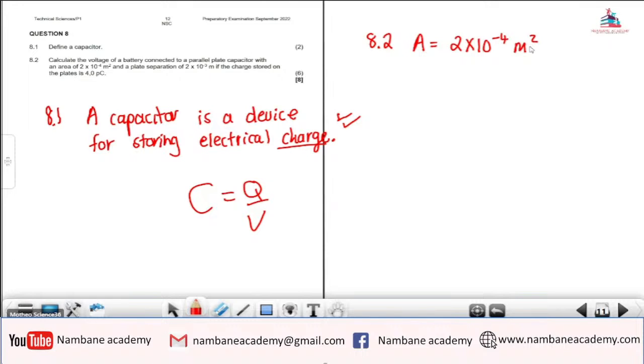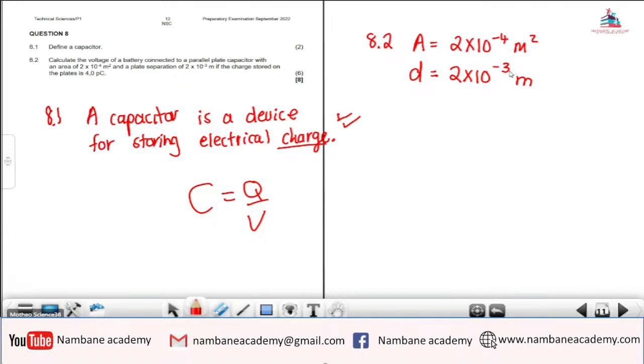Correct unit. The plate separation. They can use any words. Separation, it's still fine. 2 times 10 to the power negative 3 meters. Correct unit.